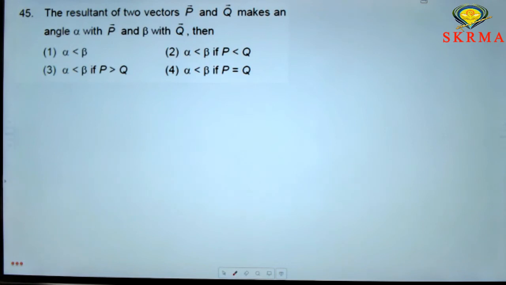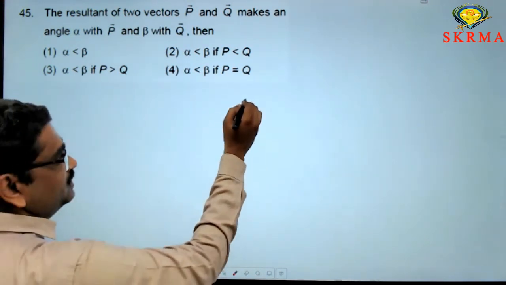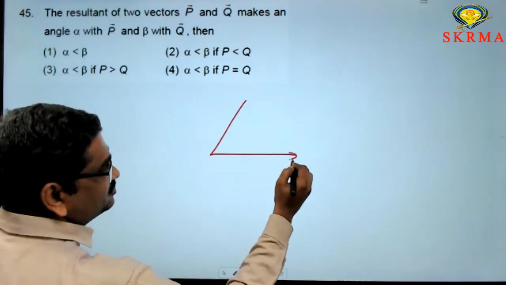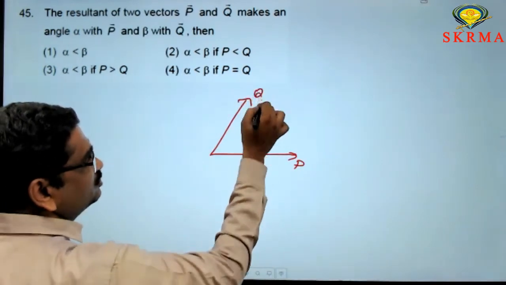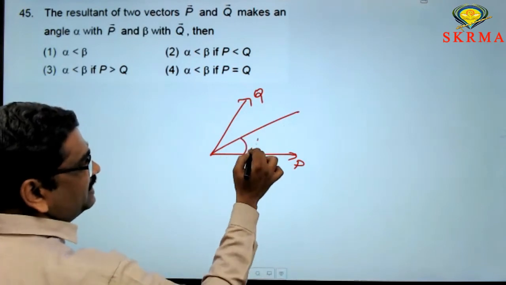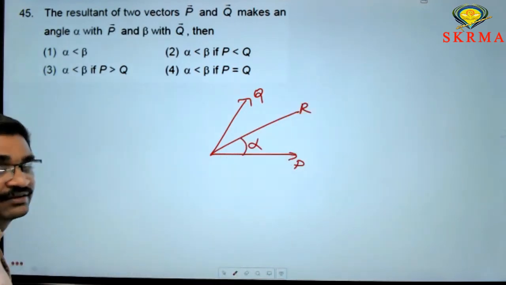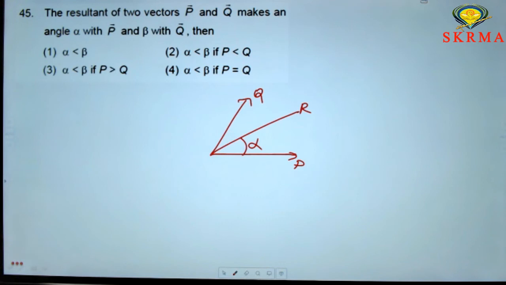The resultant of two vectors P and Q makes an angle alpha with P and beta with Q. Then what is the resultant of P and Q? That is from the parallelogram law. Assume that this is P, this is Q. The resultant R is making an angle alpha. Then for this one we can write tan alpha as Q sin theta by P plus Q cos theta.